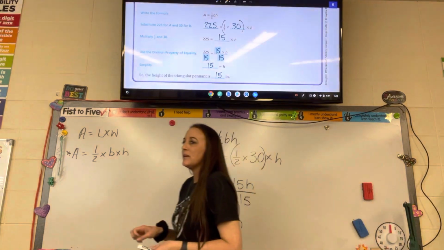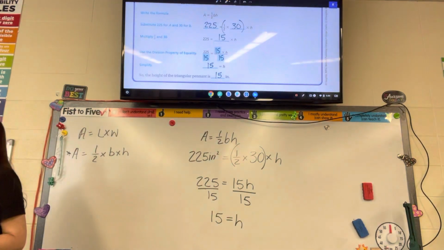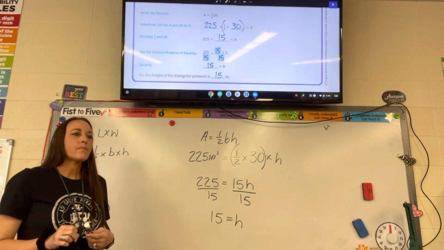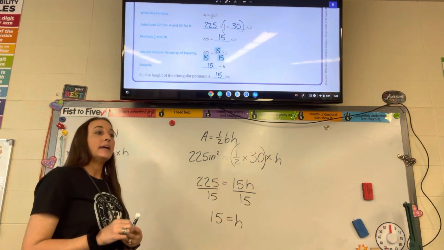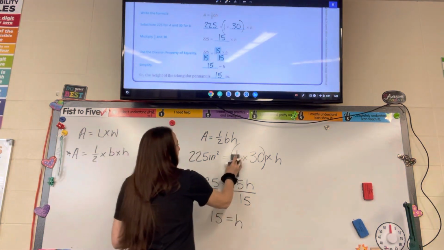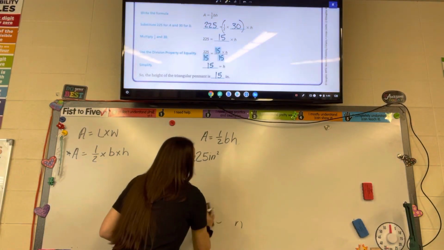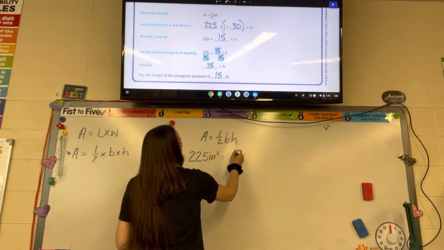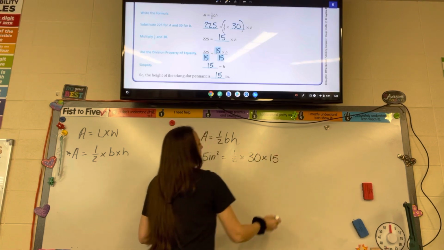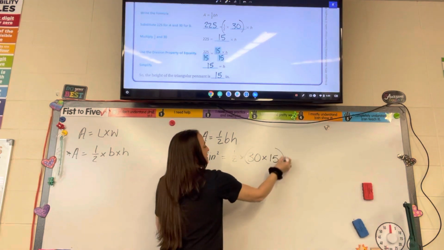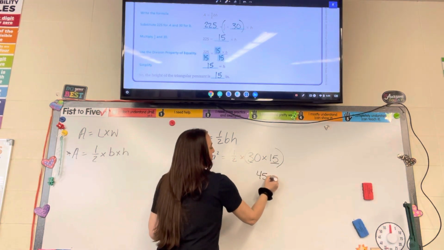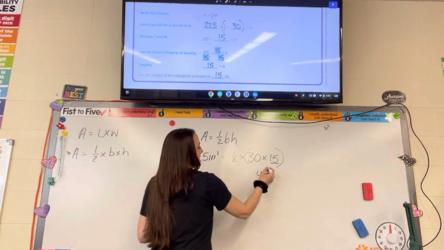How could you check and make sure that you got it correct? Lily? Multiply 15 times 30 times 1/2. Plug it in, right? Yep, plug it in. So if we go back here and we plug in 1/2 times 30 times 15. 30 times 15 is what? 3 times 15 is 45 with a 0 behind it.